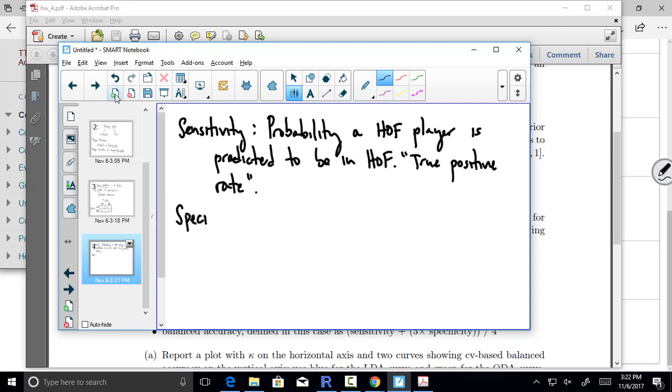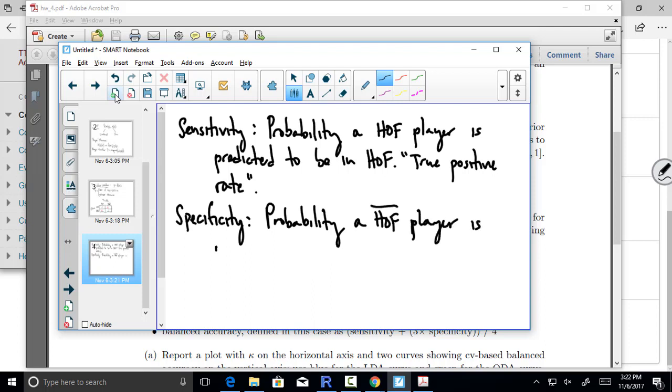There is also specificity, which is the probability a not Hall of Fame player is predicted to not be in the Hall of Fame.